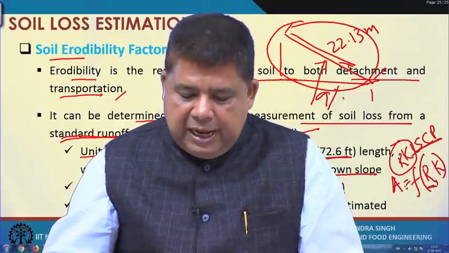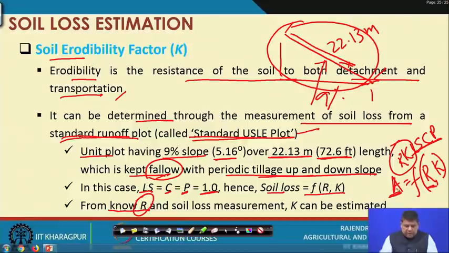So, if R is known and A, the soil loss, is measured from the standard plot, then obviously we can estimate the value of the applicable K for a given condition. That is how the soil erodibility factor for a given soil can be estimated using the standard runoff plots.